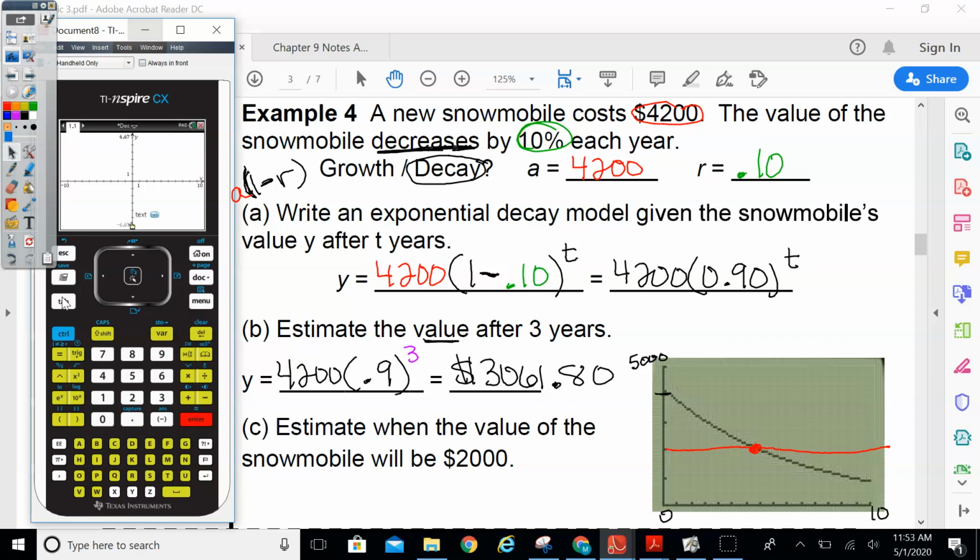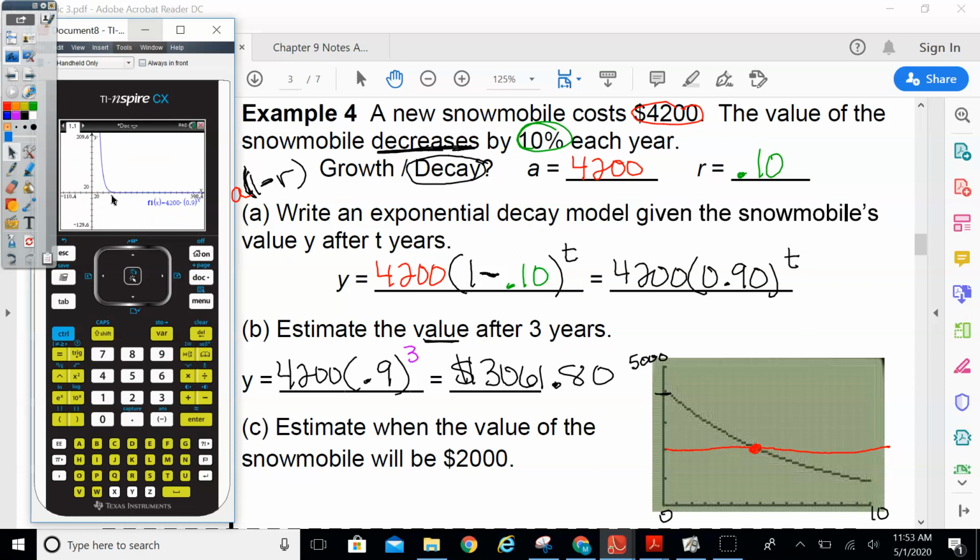And then tab to get your other one. We want to know when it's 2,000. Oh, what happened to it? Tab 2,000. Too many zeros. Okay, again, this one, you might be able to drag it and see, but if dragging it doesn't work to see the intersection, then you need to go change the window.